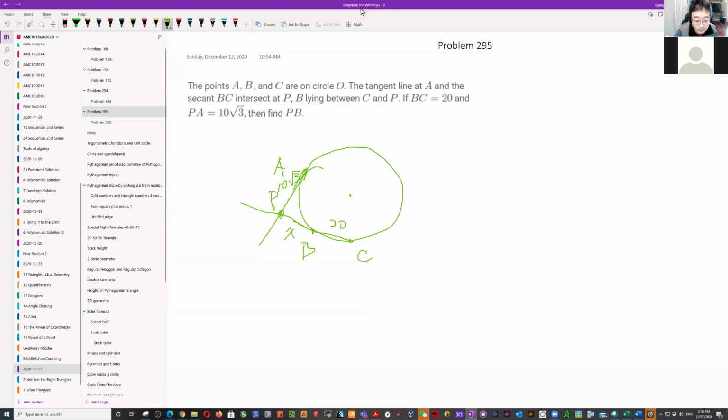Let PB be X. This is still power of the point. The power of the point states that PB multiply PC will be equal to PA squared. If you draw a point outside, for all the secants, the outside portion multiplied by the whole length is equal to the square of the tangent.